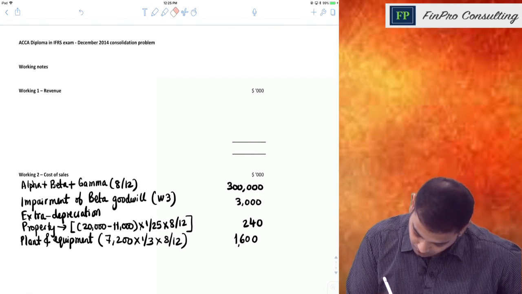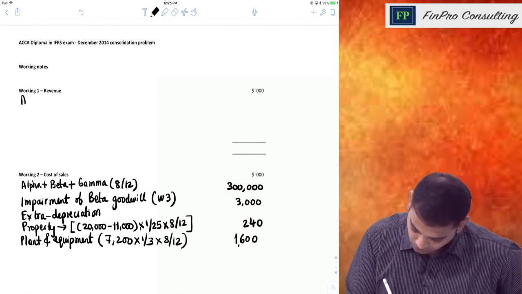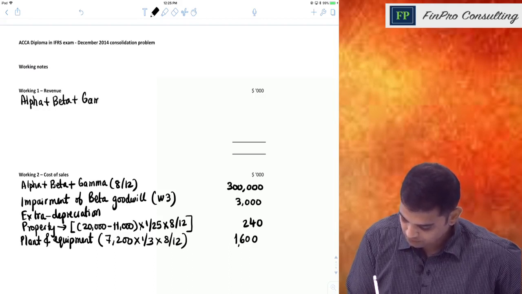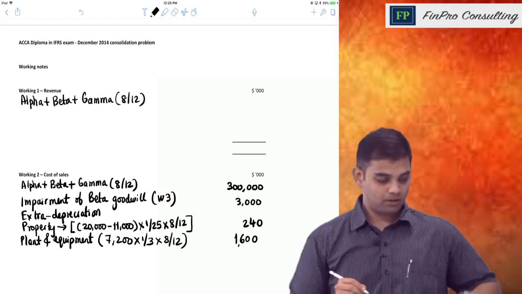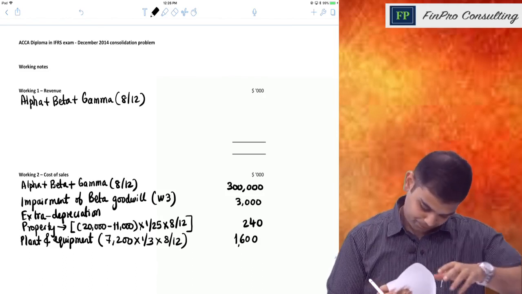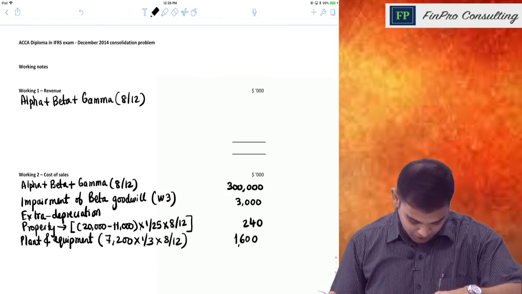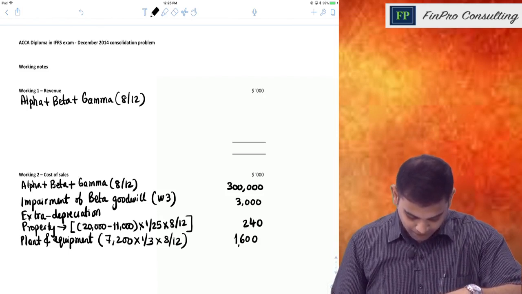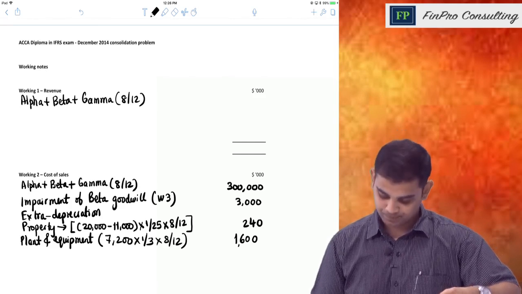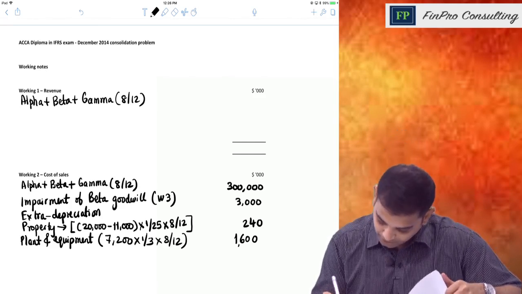First alpha plus beta plus gamma, 8 months. Yes, tell me the amount as given in the problem. So it is 2,60,000 plus 2 lakh plus 8 months of 1,80,000. That is my total revenue. 5,80,000.